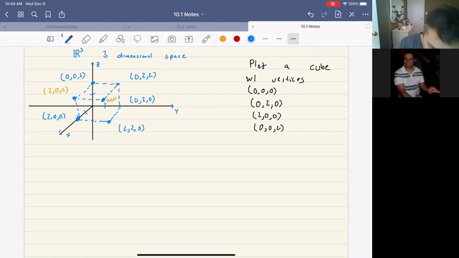Okay. So a point is a zero-dimensional object, in this case living in a three-dimensional space.